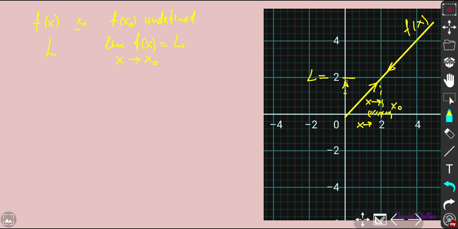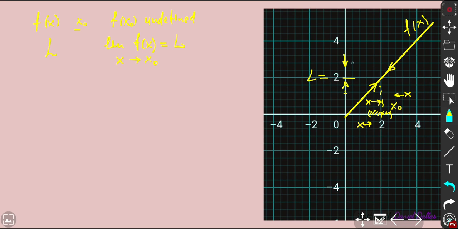we understand that the function value starts getting closer to the value L equals 2 from below. And the same way, if we have x tending to x0 from the right side, just values a little above 2, our function will tend again to the same limit L equals 2, from the top.